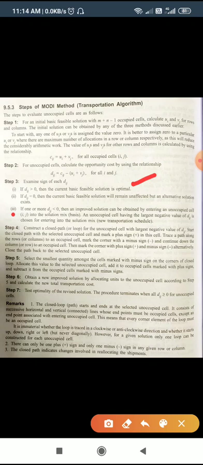After finding the opportunity costs, if one or more costs are negative, then we find the maximum opportunity, the most negative value cell. We have maximum opportunity for this cell.